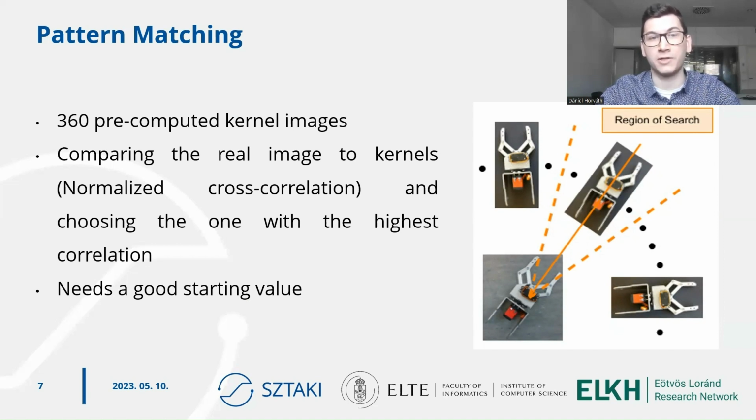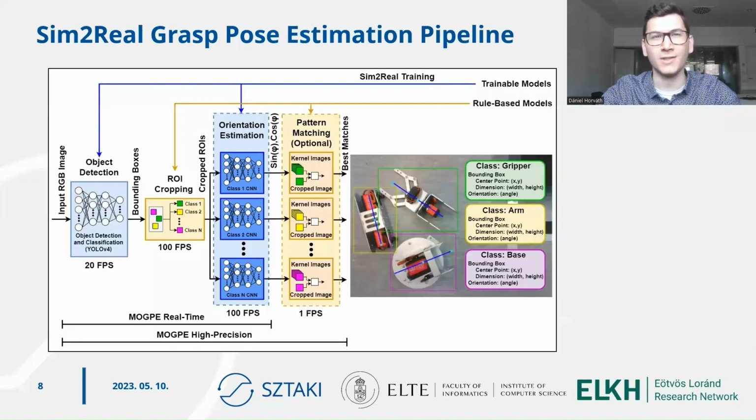Then we pick the one with the highest correlation. It works really well with the given framework, but it's important to note that we need a good starting value to make it work, which is coming from our orientation estimation convolutional neural network.